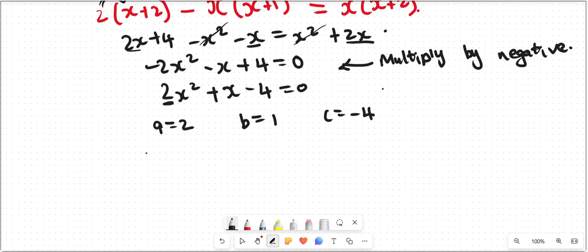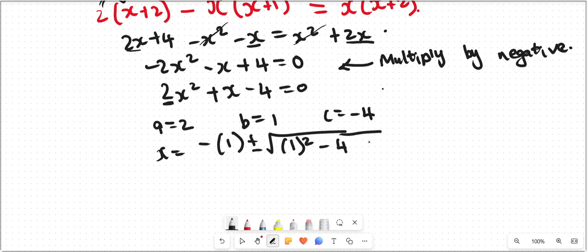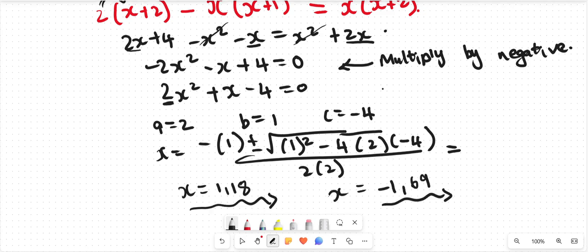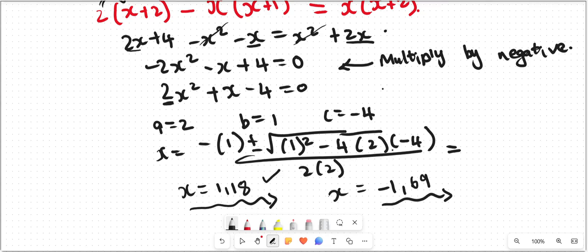Plug it into my quadratic formula where x equals negative b plus or minus the square root of 1 squared minus 4 times 2 times negative 4, all divided by 2a. And so the values that you get there. Alrighty, so you get these two values. x is equal to 1.18 and x is equal to negative 1.69.